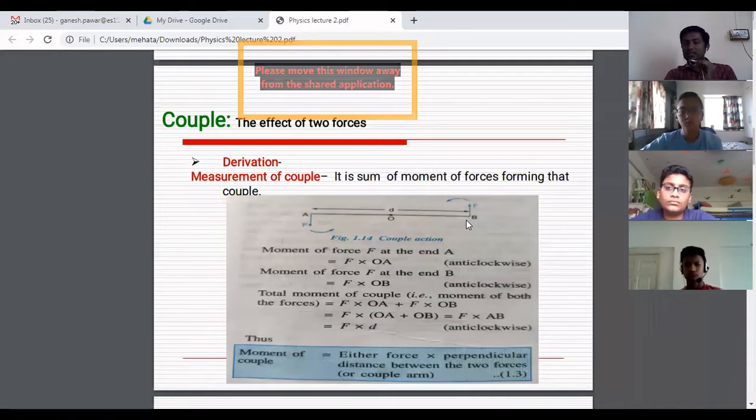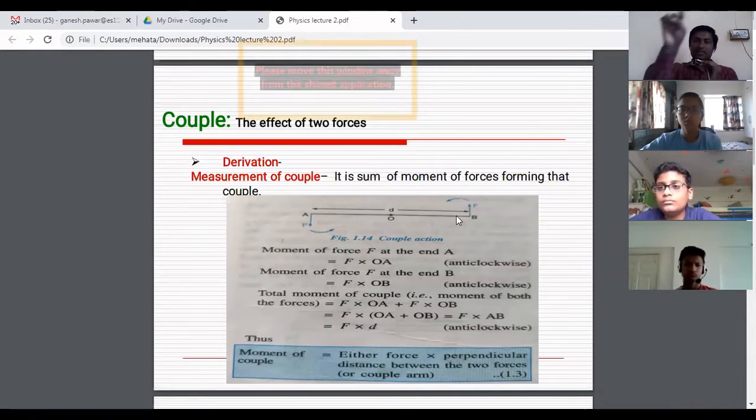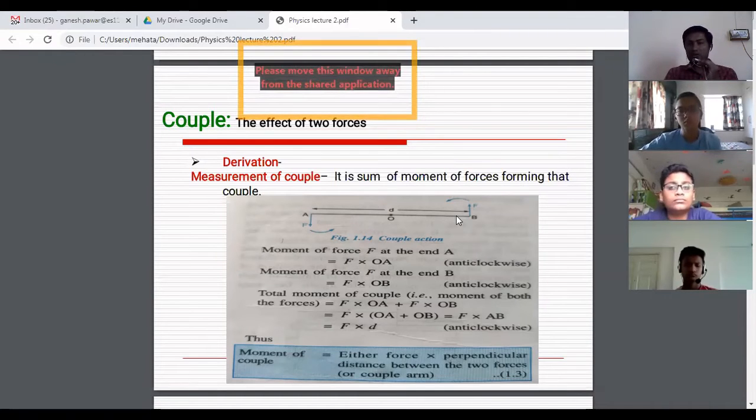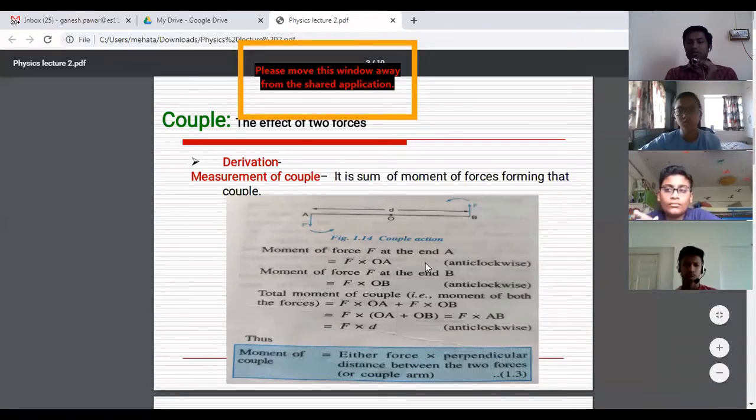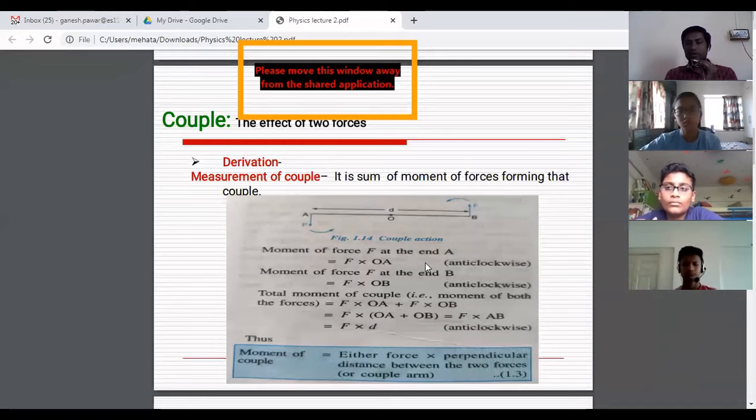Now again, this is going to be a what? Anti-clockwise. So you can see that if this force is upward, so this rod will start moving like this. So again, it is going to be anti-clockwise. And if you remember the sign convention, what is the sign convention for clockwise and anti-clockwise movements?